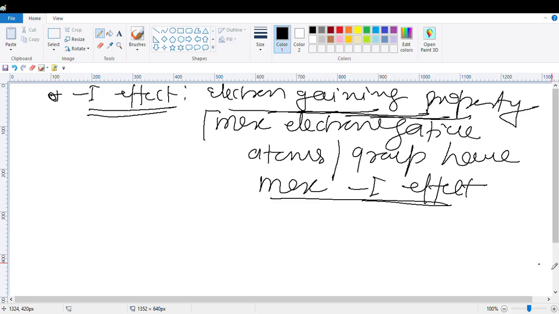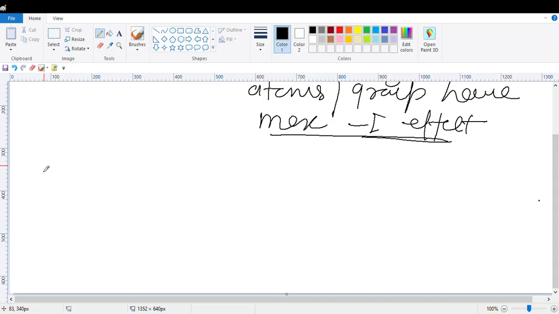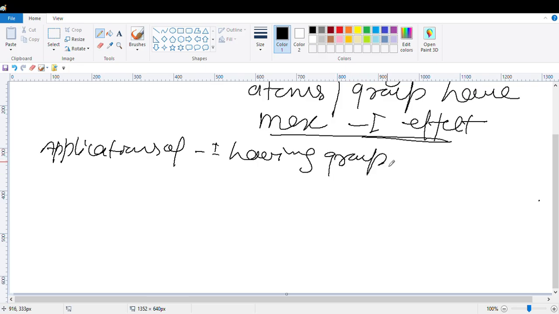So now we are coming to the applications of minus I having groups. What is the role of minus I having groups?